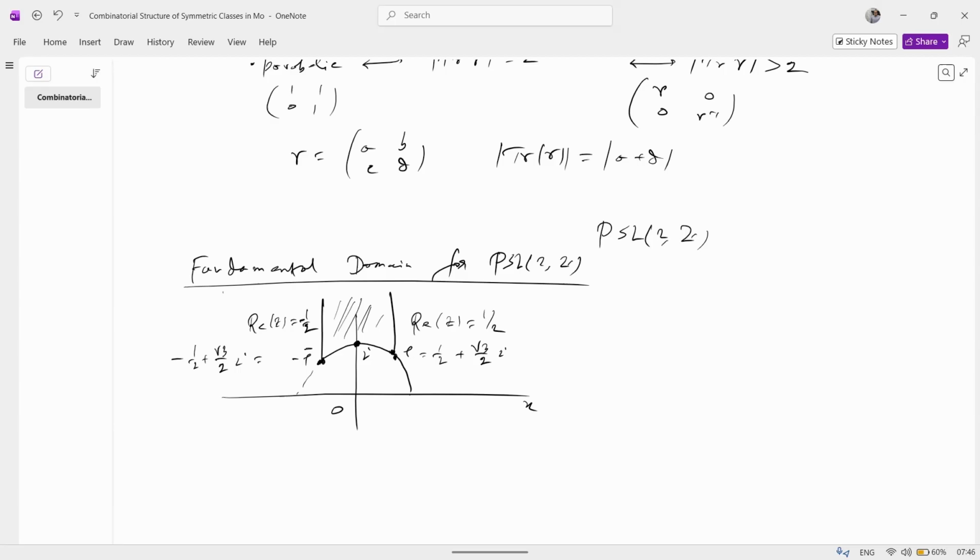And this fundamental domain is important because H2 mod PSL2Z is essentially, if you take this fundamental domain and identify the sides like this, that gives you the modular surface. It's an orbifold with 2 cone points, one of order 2 and the other of order 3. That's what I was mentioning. So I hope it is clear now.